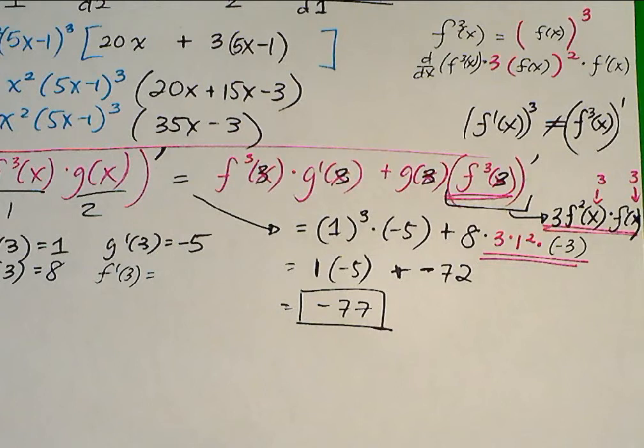So we should get used to plugging in at the end. Because with all of these, if you just plugged in numbers right from the start, you would just get constants, and the derivative of a constant would be 0. So every derivative would just be 0.